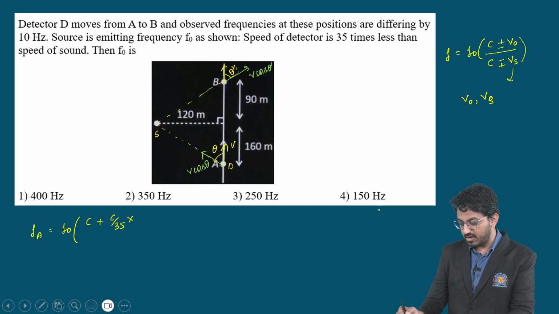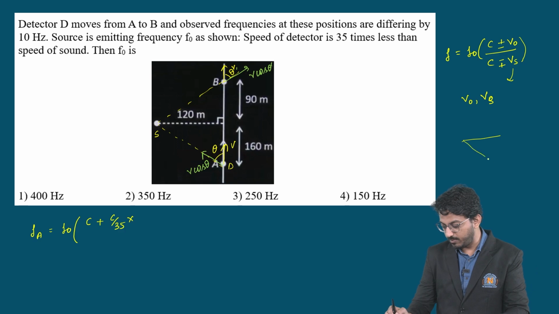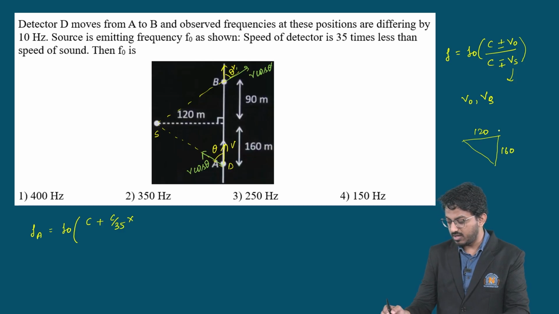Now in this triangle, we need to keep in mind that this is 120 and 160 here. Ratio wise, it will be 40 times 3, and this is going to be 40 times 4. So this side will be 40 times 5.